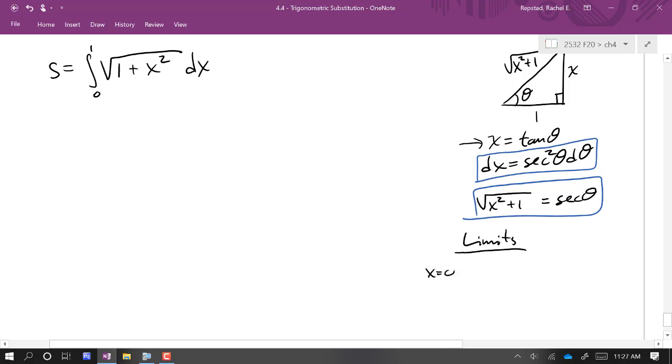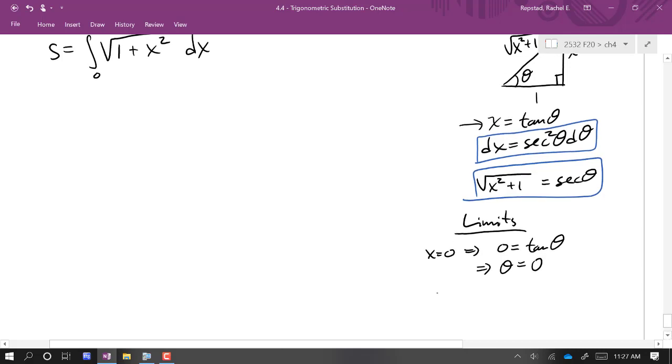So if x is equal to 0, then 0 is equal to tan theta, and tangent is equal to 0 when theta is equal to 0, so that x equals 0 limit converts to a theta equals 0 limit. And then x equals 1 means that 1 is equal to tan theta, and tangent is 1 at pi over 4. So this is theta equals pi over 4.